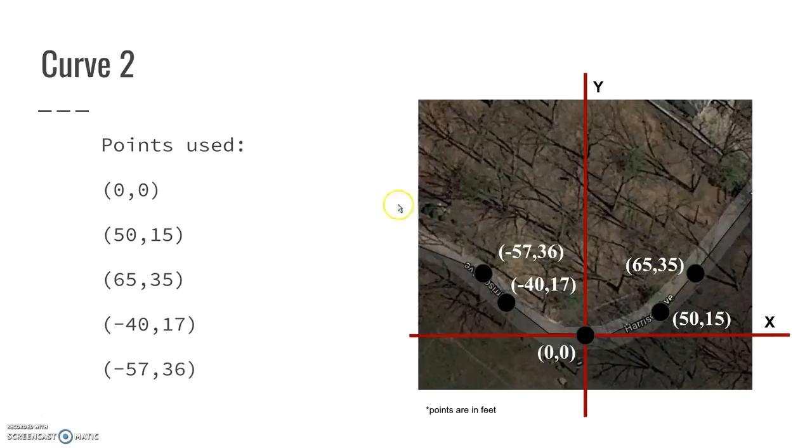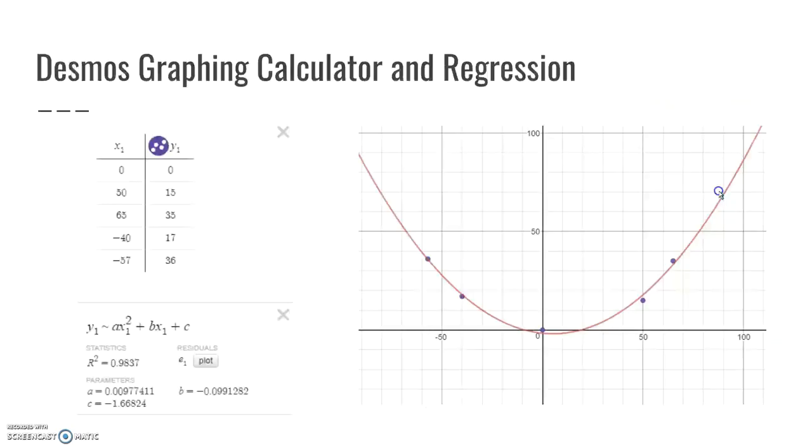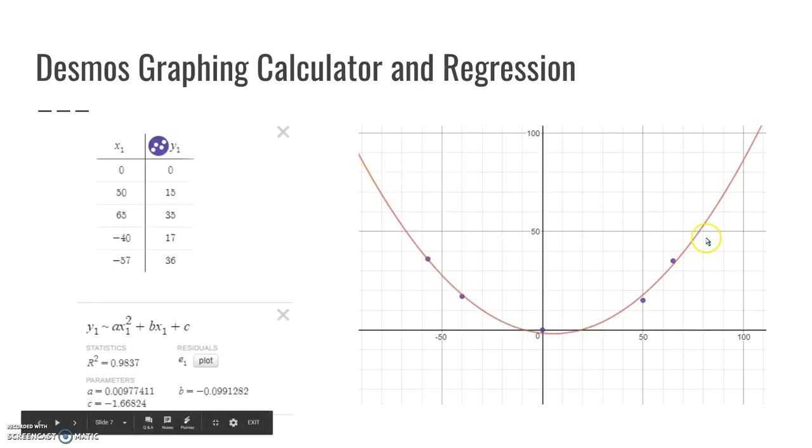Using these points, I was able to create an equation and a graph using, once again, Desmos and regression. After plugging my values into a table, I was able to find another graph, similar to the one before, as they are both parabolas.